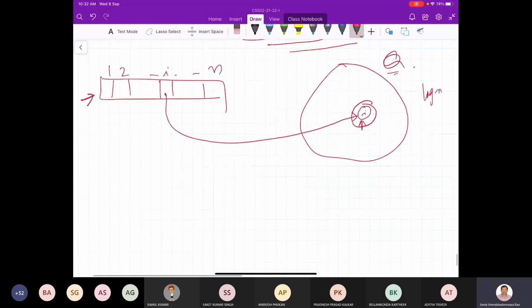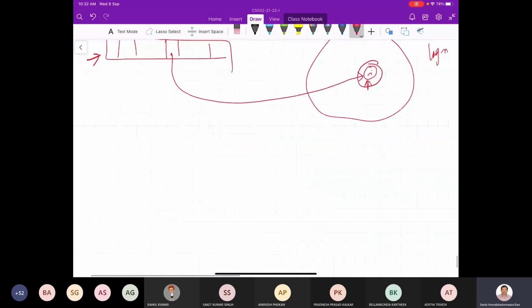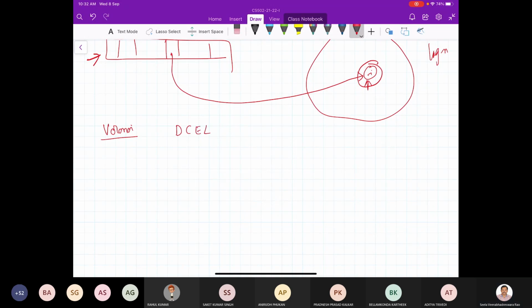So what data structures are required? We require a data structure for the Voronoi diagram. So we use a doubly connected list. Is it okay if we use a doubly connected list? Will there be any problems here?